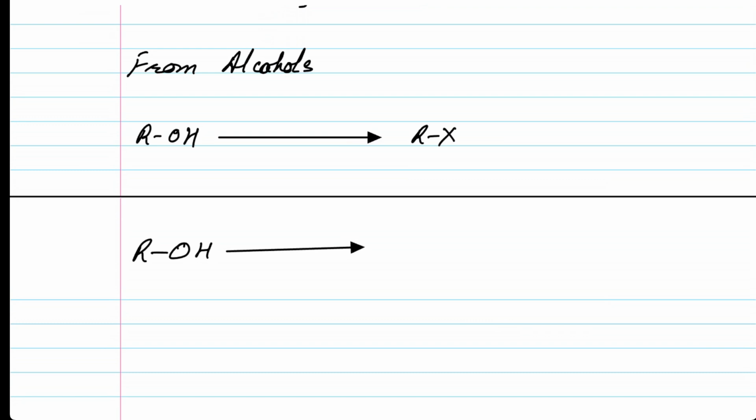Rather than reacting the alcohol with a nucleophile, we react it with an electrophile. Now, let us say we take an electrophile as H+. This particular step would be called the protonation reaction. That is, we are actually converting alcohol into protonated alcohol. So we are going to get ROH2 with a positive charge on oxygen.